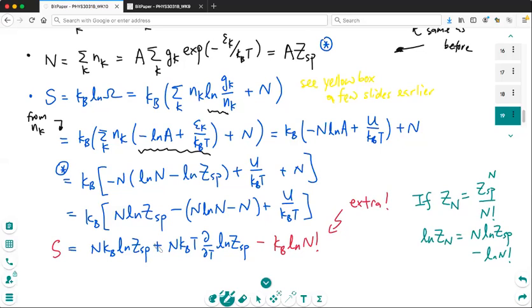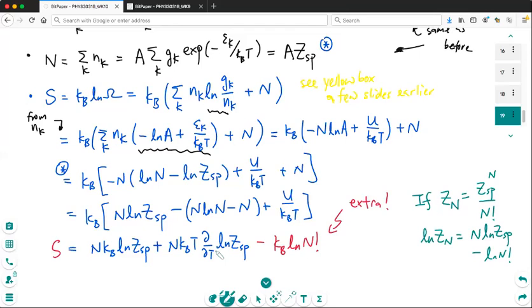Okay, so this is consistent with what I claimed before. And what about the middle term? The middle term is also fine. It's also under control. Why? Because if I do it this way, and I take the derivative with respect to temperature, this term will disappear. I will only end up having this term. So that is why I get the middle term here.